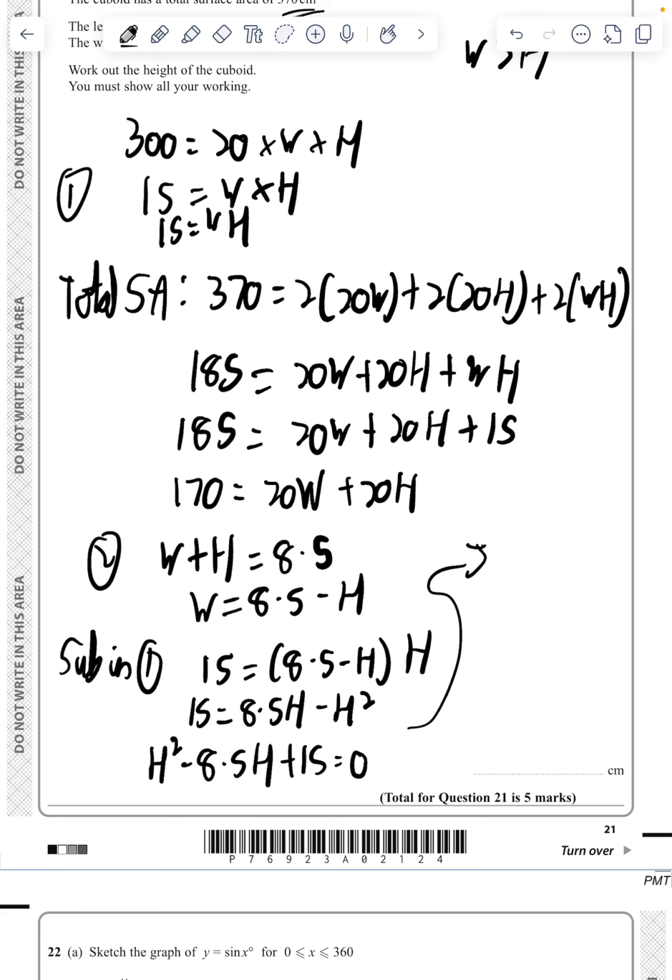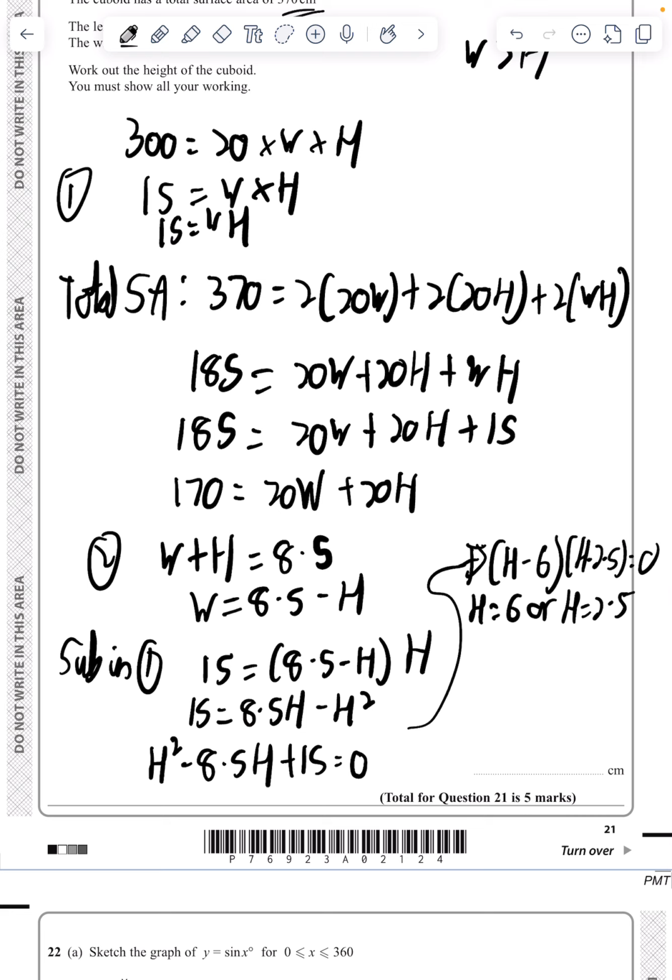So what times to get 15 and adds to minus 8.5? 6 and 2.5 would be the numbers, so minus 6 minus 2.5. This is narrow. H minus 6 equals 0. H equals 6, or H equals 2.5.